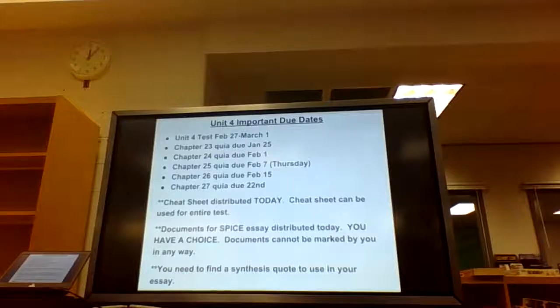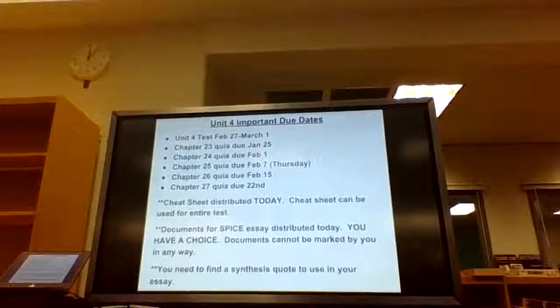Documents 1, 2, 3, 4, 5, 6, 7. Those are the documents you'll refer to in arguing why the United States became the dominant economic force. There were social reasons and political reasons and international reasons and cultural reasons and economic reasons.